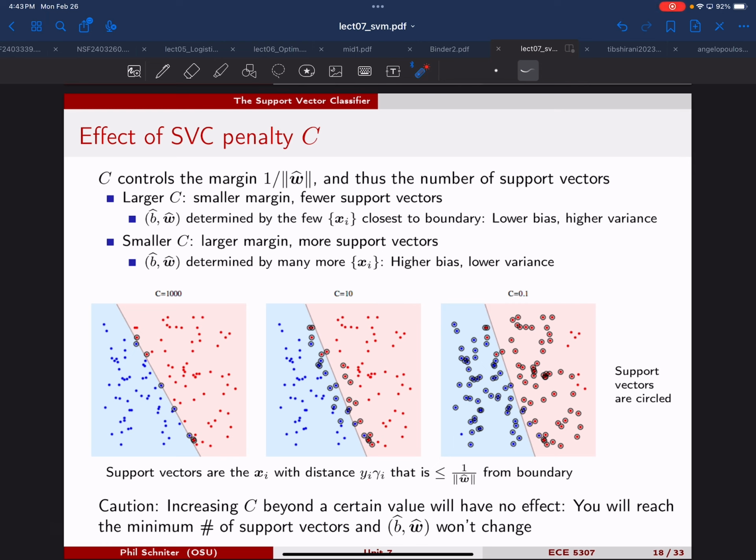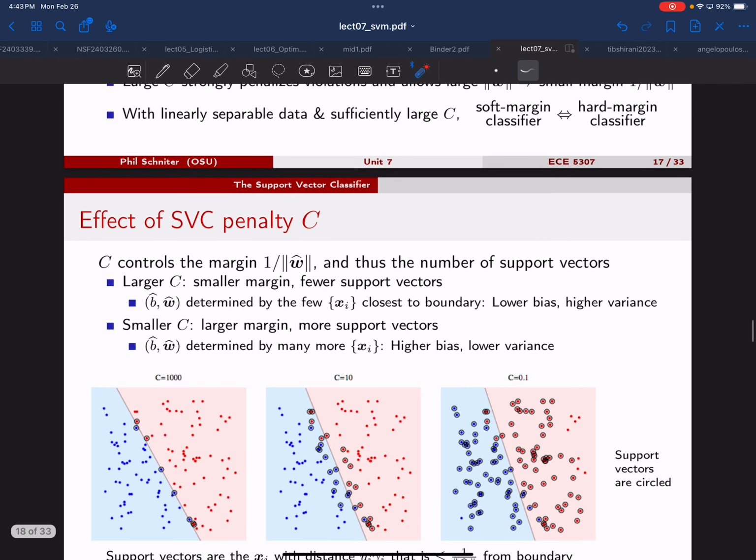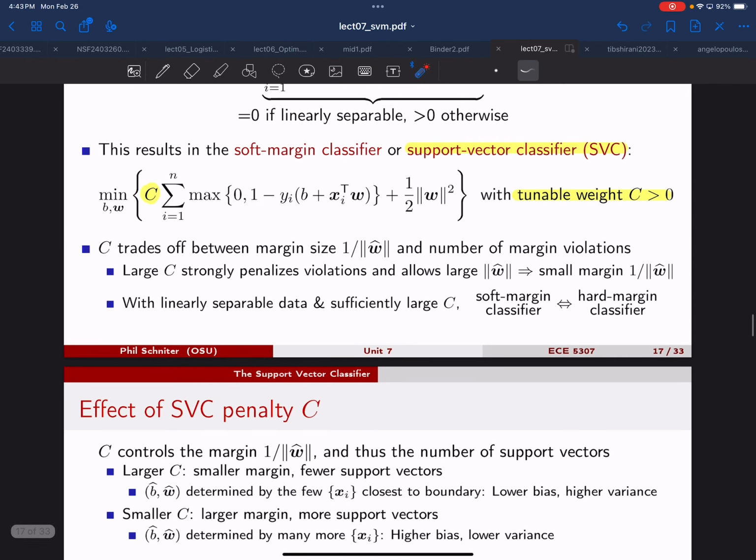So this picture shows designs for three values of C: large C, medium, and small. Okay, so when C is large, what this says is we really don't want to make any mistakes in terms of linear separability. However, we allow this to be large, which means we're making our street narrow.